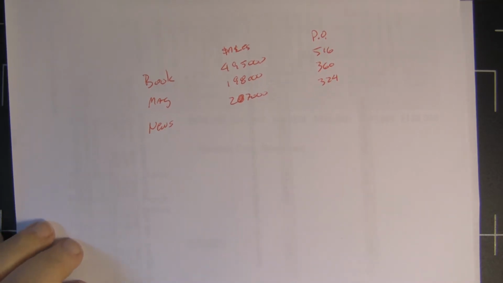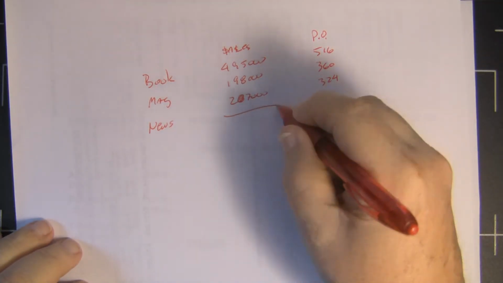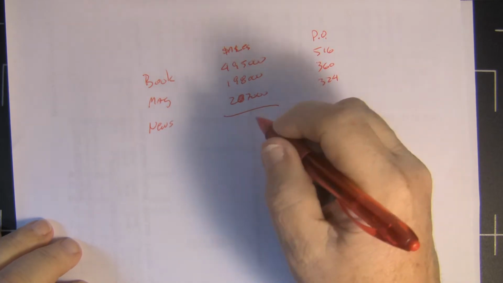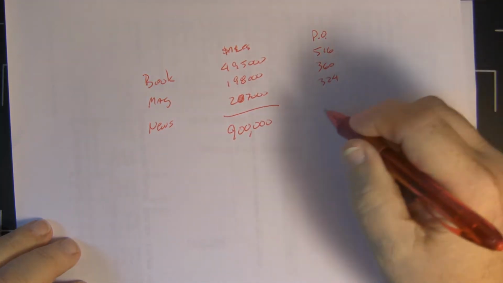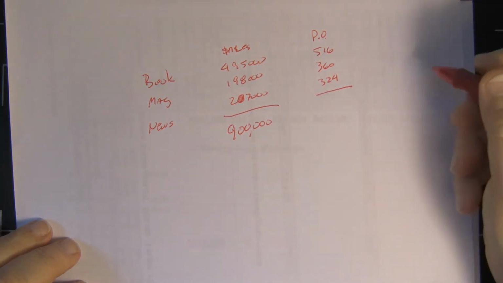So if we add up the total sales, that comes to 900,000. You add up the total purchase orders, that comes to 1,200.